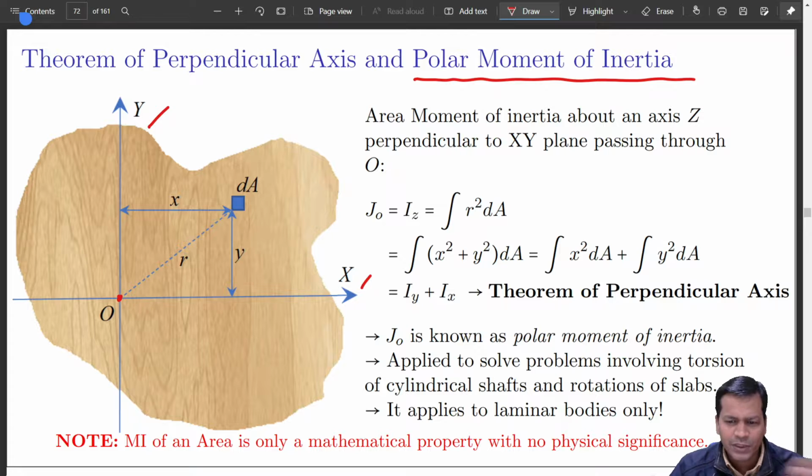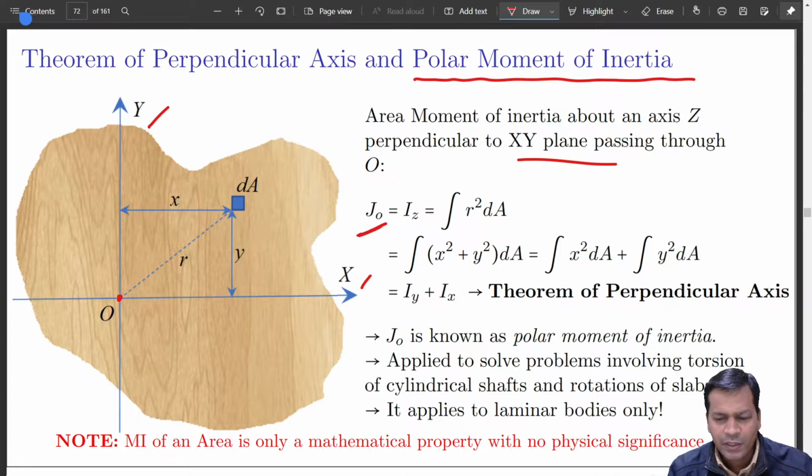So anyway, this is your polar moment of inertia. This is a moment of inertia about an axis which is perpendicular to the surface of this lamina, the area which is in consideration. It is given as J0, or Iz.